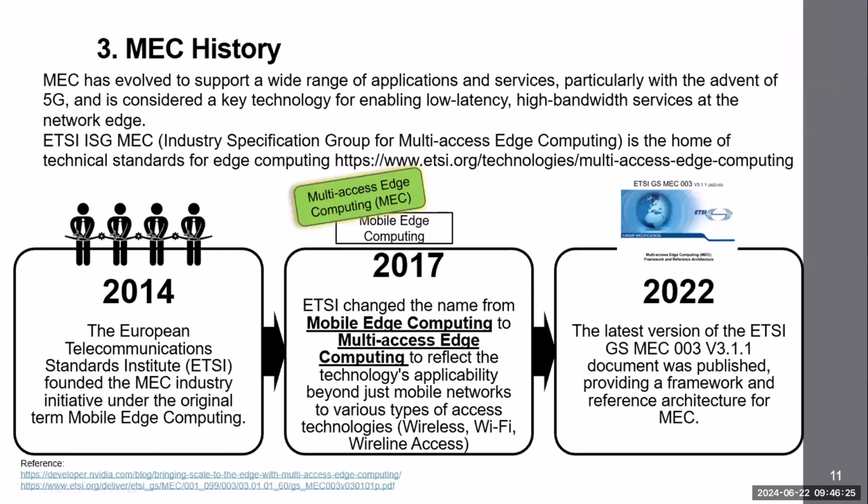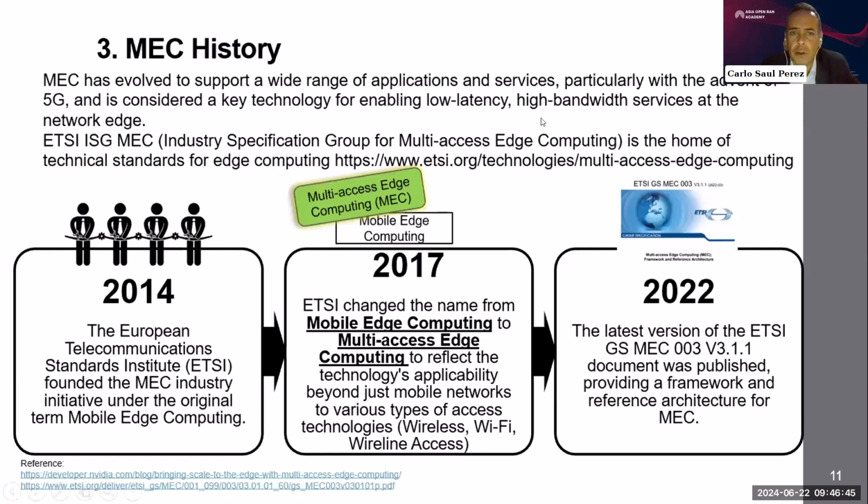Thanks. So here we have a little bit of how this evolution, or this MEC history, has been. I mean, we have from Mr. Raymond how the edge computing evolution was, or a little bit about the history of all of this. But this is in particular focused on the MEC history.